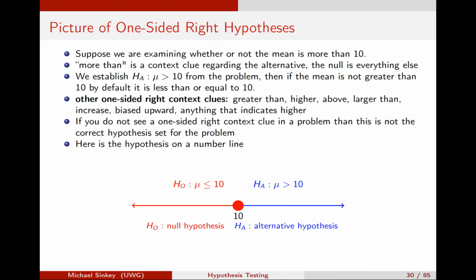And this is what's called a one-sided right hypothesis. So one-sided means that the alternative is on one side of the claimed mean. Right, that side is to the right, it's bigger than. And one-sided right refers to an alternative hypothesis. So suppose we're examining from a problem whether or not the mean is more than 10.